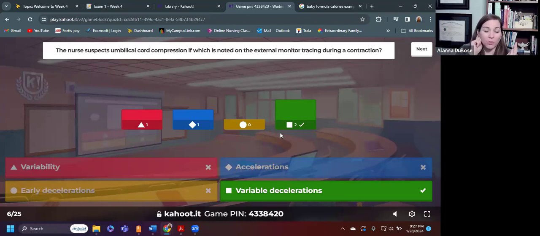So if our baseline is 110, then if we have the heart rate going up to at least 125 for 15 seconds, 2 times, then that's 2 accelerations in that 20-minute period. And then we would not want to see any decelerations in that time either, right? So those are the main things we're looking for. We're looking for moderate variability, 2 accelerations, and no decelerations. Okay. Good.